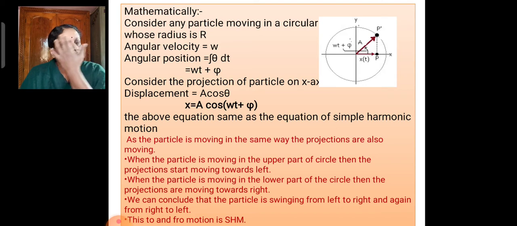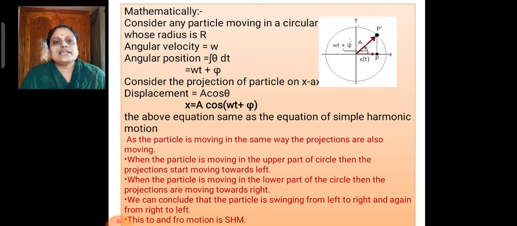Then its angular position at the point P dash is given by omega t plus phi. Then we have already discussed that its x displacement will be given by A cos(omega t plus phi).